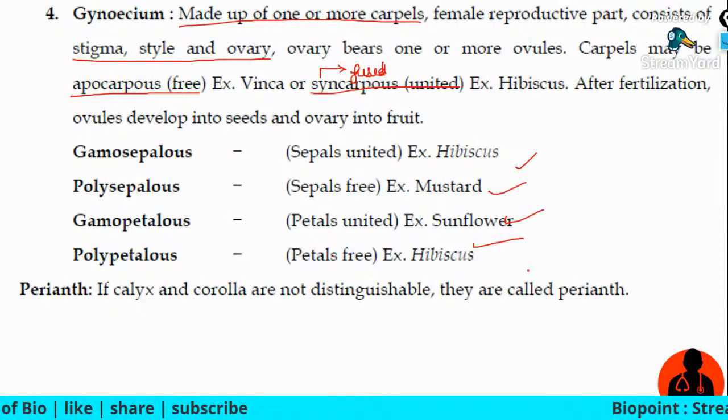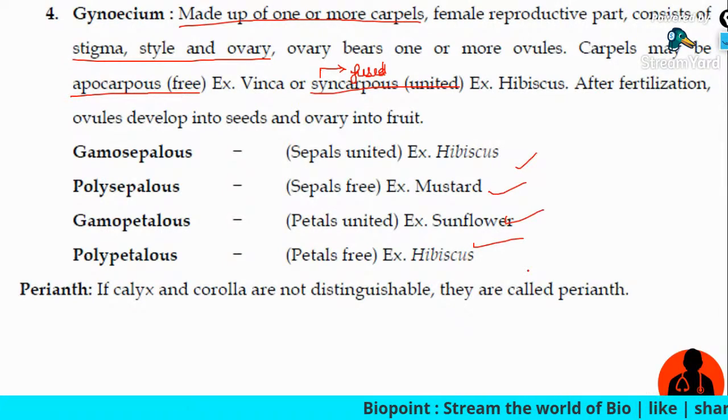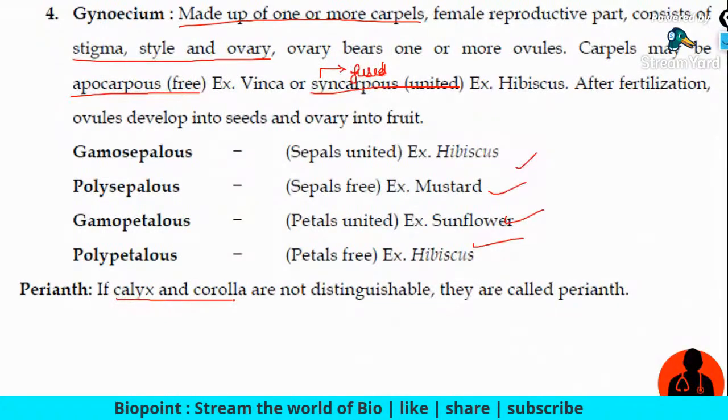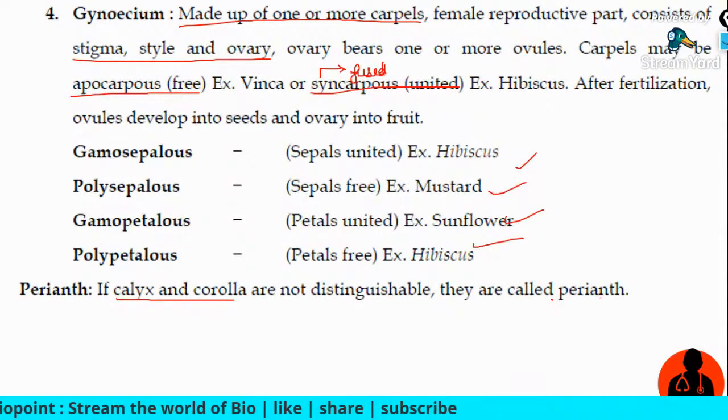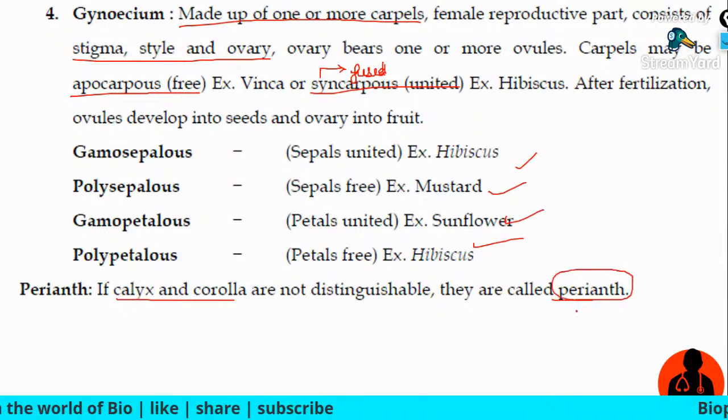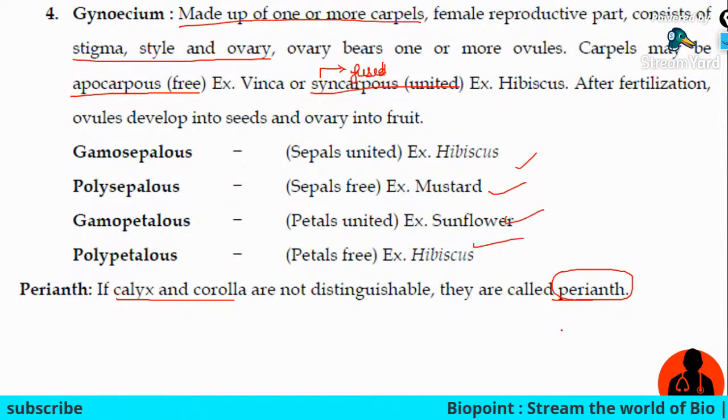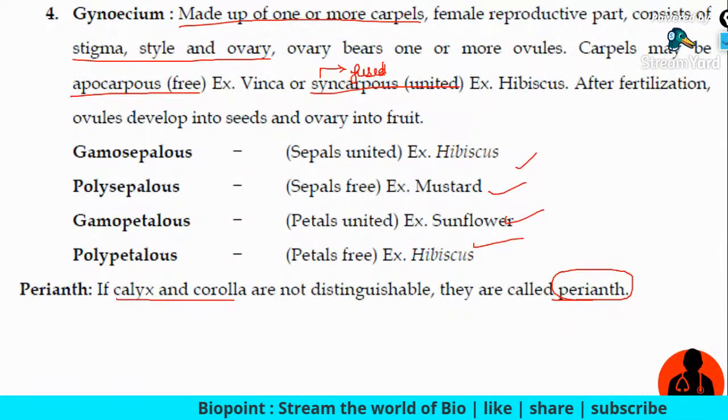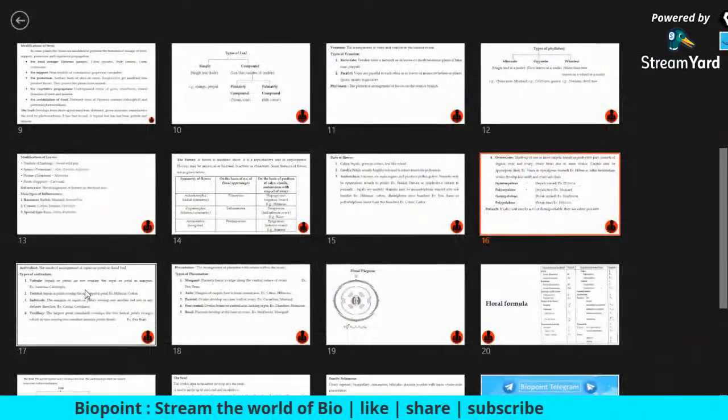Gamopetalous, petals are united, as in sunflower. Polypetalous, petals are free, as in hibiscus. If calyx and corolla are fused together and are not distinguishable, they are called perianth.